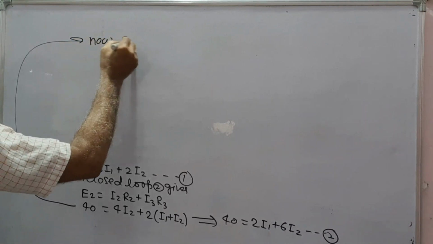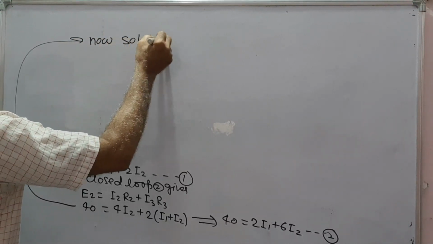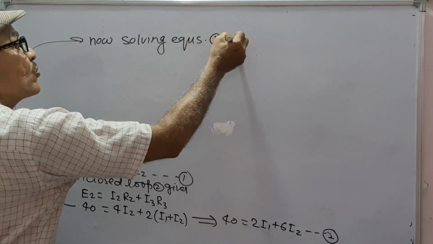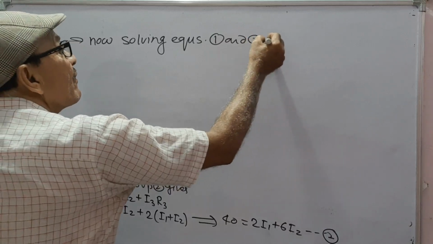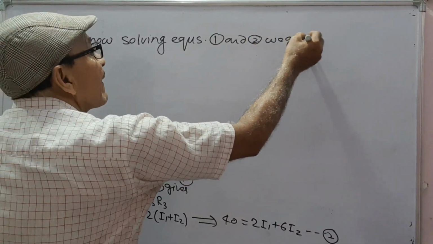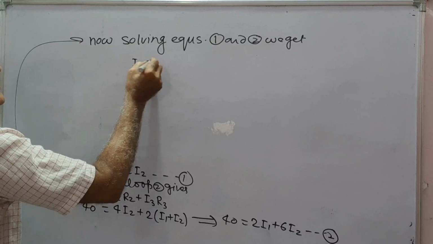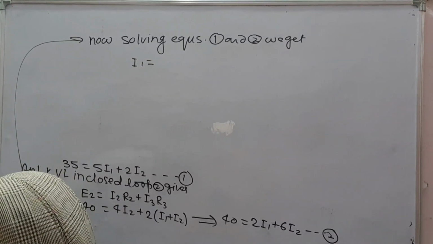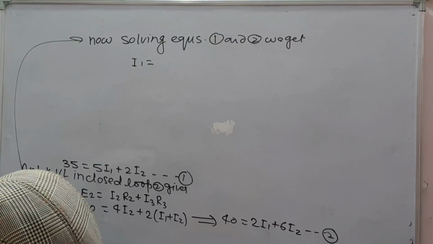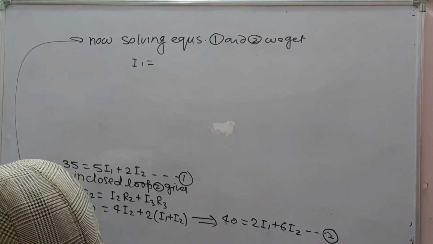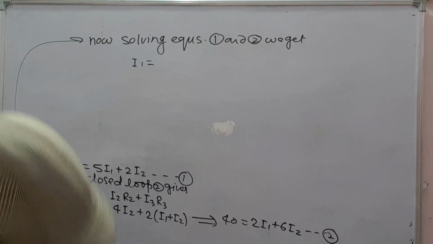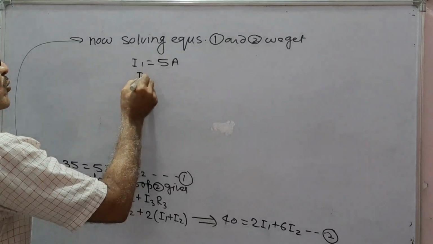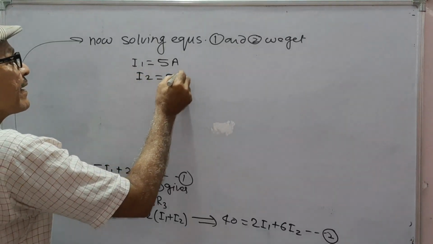Now solving equations 1 and 2, we get I1 is equal to 5 ampere, I2 is equal to 5 ampere.